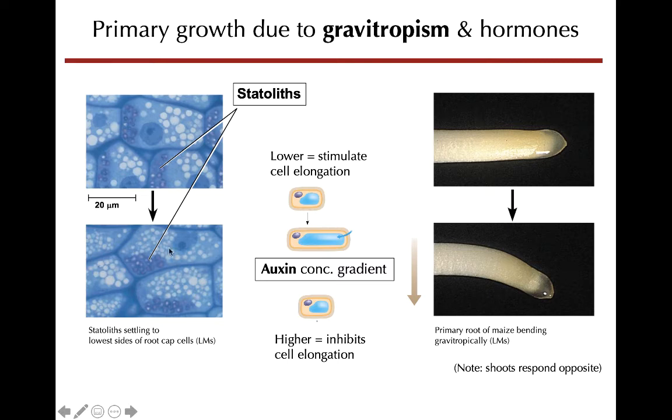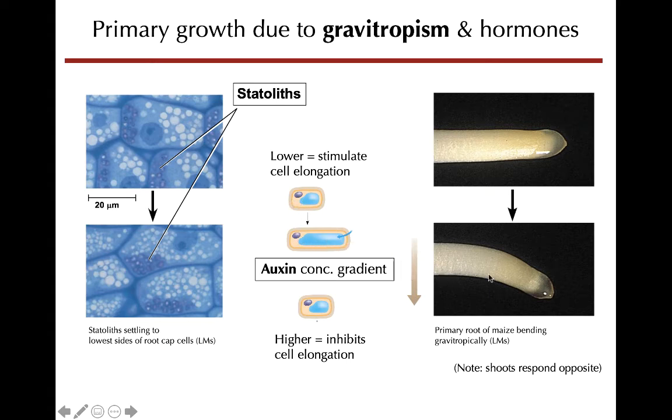So what happens is that the falling of the statoliths induces a difference of auxin production. So the side that's away from the statoliths, basically this side of the root, is going to end up with lower auxin. So auxin will turn on, but not too much. So that makes the cells on that side get longer.